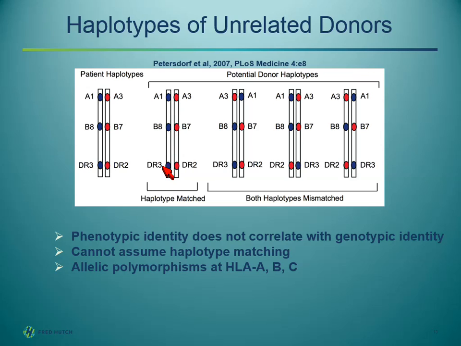To do this typing is incredibly difficult and certainly not something we can routinely do. But it's an interesting idea that we're seeing in cord blood transplantation because we actually have a lot of haplotype data in the cord setting, because we have maternal typing on a lot of these units.